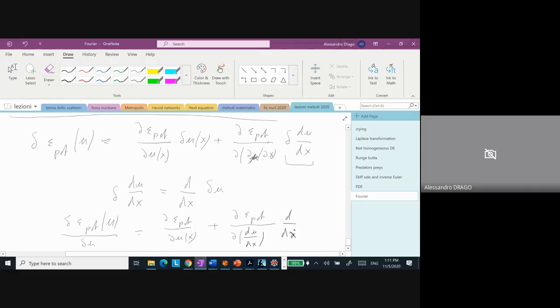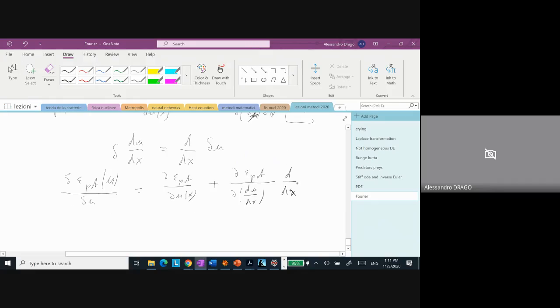This looks, of course, a little bit funny because, what does this object here mean? It means that it will be applied on the function that I'm going to introduce when I'm actually acting with this object on another function.